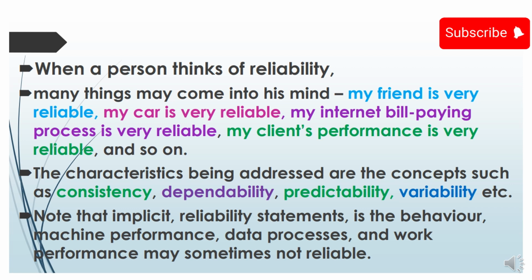My friend is very reliable, my car is very reliable, my internet bill paying process is very reliable, my client's performance is very reliable, and so on. The characteristics being addressed are concepts such as consistency, dependability, predictability, variability, etc. Note that the implicit reliability statement is that behavior, machine performance, data processes, and work performance may sometimes not be reliable.